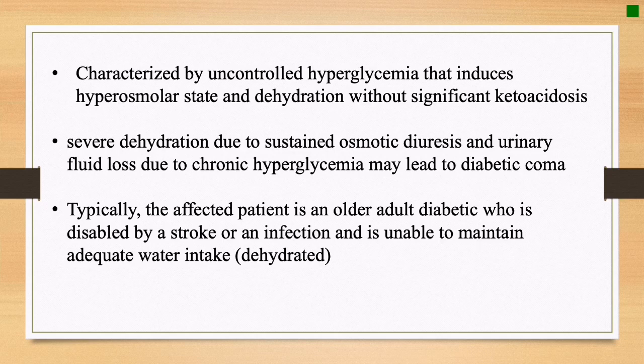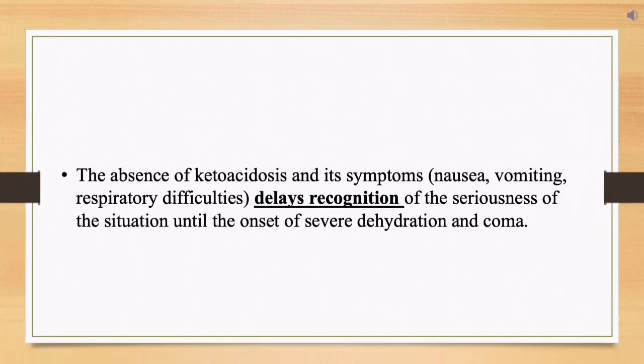This syndrome is characterized by severe dehydration resulting from sustained osmotic diuresis and urinary fluid loss due to the chronic hyperglycemia. Typically, the affected individual is an older adult who is diabetic and disabled by a stroke or infection and unable to maintain adequate water intake.